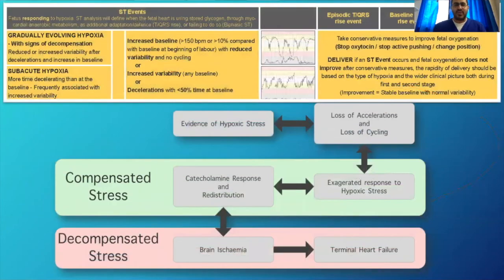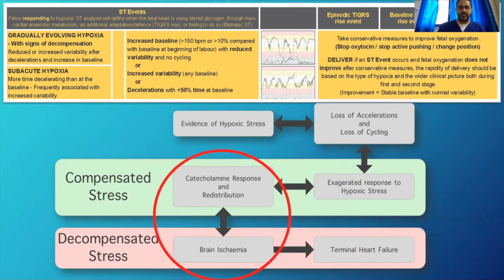But if things progress and the baby is starting to get to a decompensation phase, or this baby is spending very little time to recover, so it's going into subacute hypoxia, that is the time when we need to make the baby happier, and we need to pay very good attention to our additional test, which is the STAN monitoring.